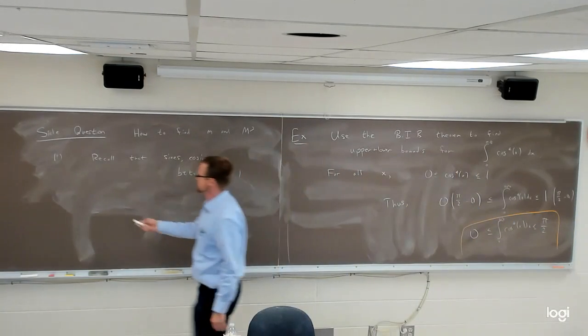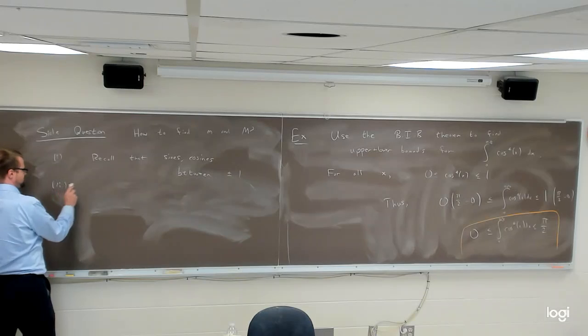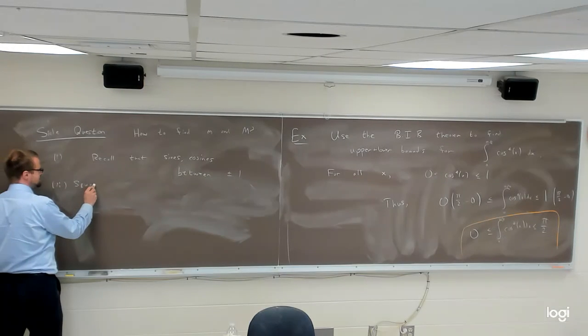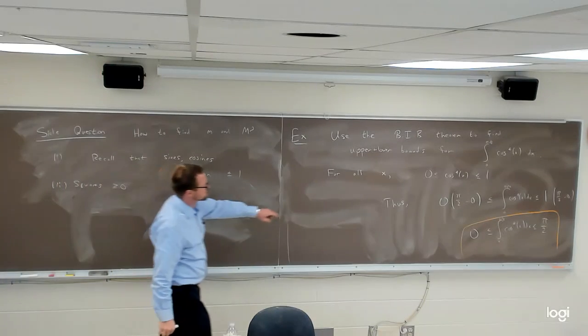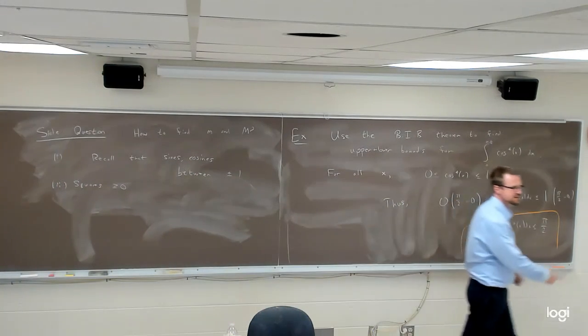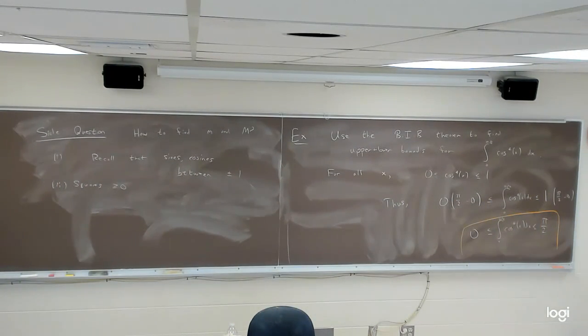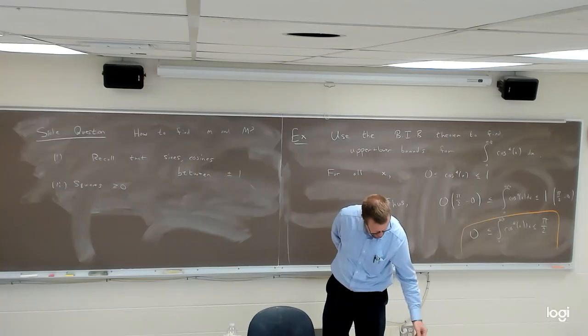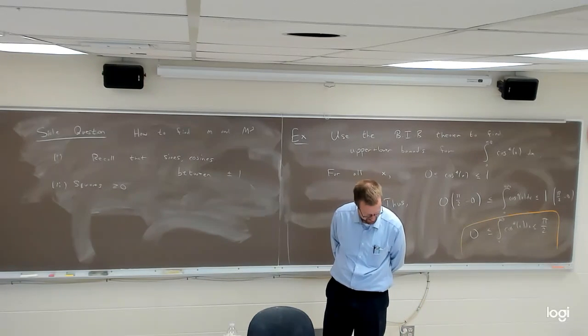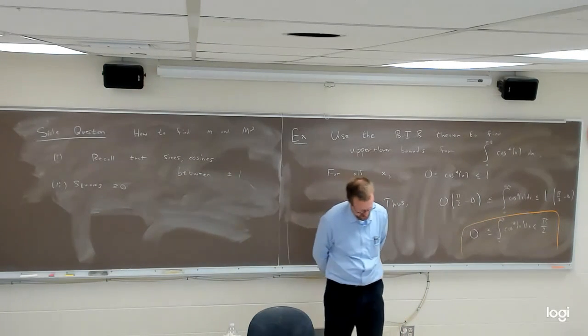Squares are positive, that's another one. So if your function is something squared, you can use 0 for your lower bound. What else could we use to find upper and lower bounds for a function?